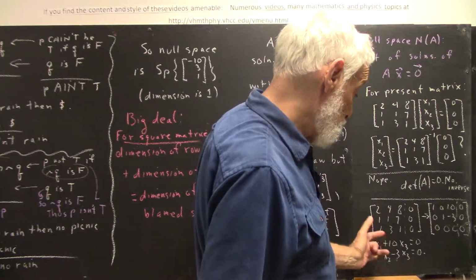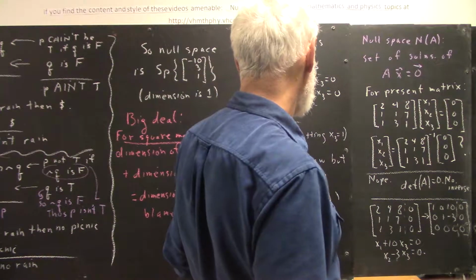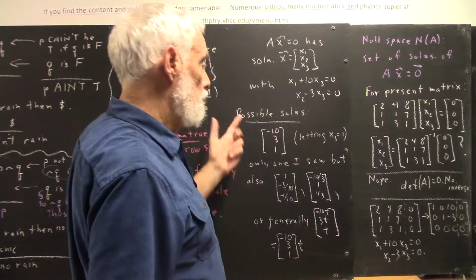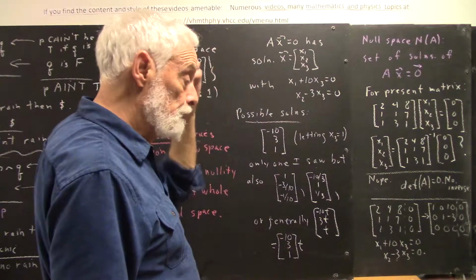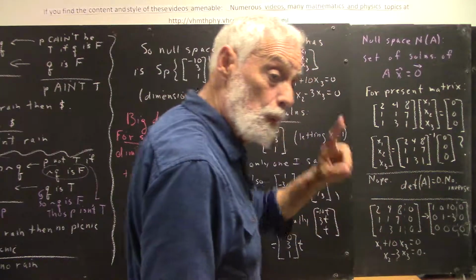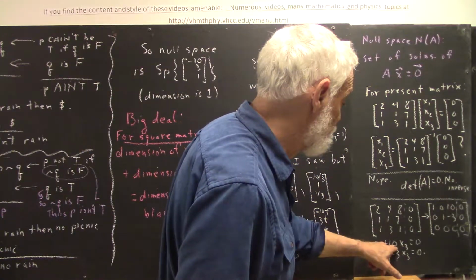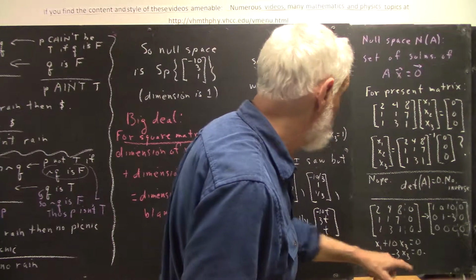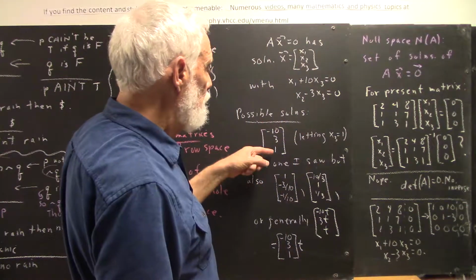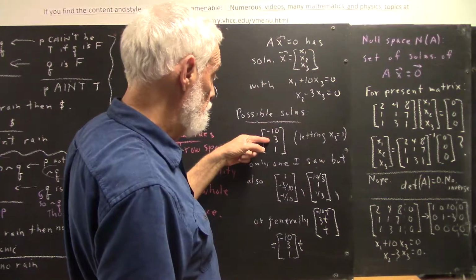How do we solve that? We only have these two equations. What are possible solutions? We could let x3 equal 1. Okay, if x3 equals 1, that means x1 is negative 10 and x2 is plus 3. So we would have a 1 for x3, x1 would be negative 10, x2 would be 3.